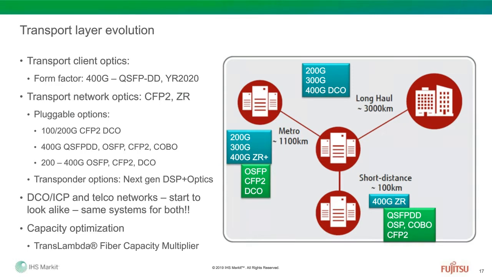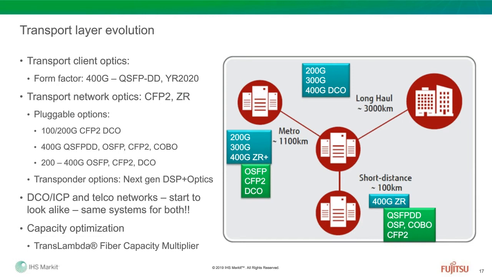And now I would like to mention a whole new dimension to pack maximum possible bandwidth on the fiber by introducing a new network function for optical transport called translambda. This is a fiber capacity multiplier function that would transform the way DCI links are architected.